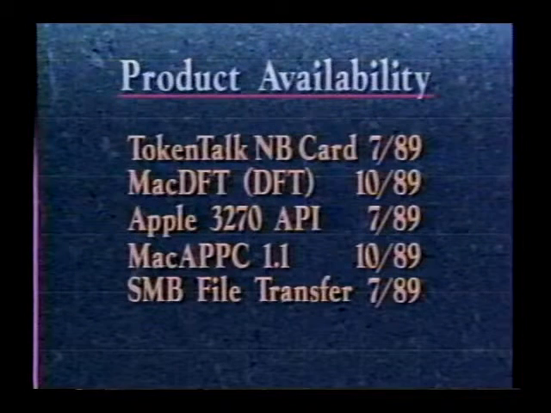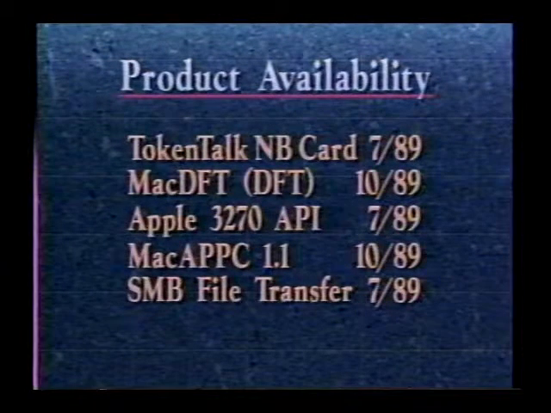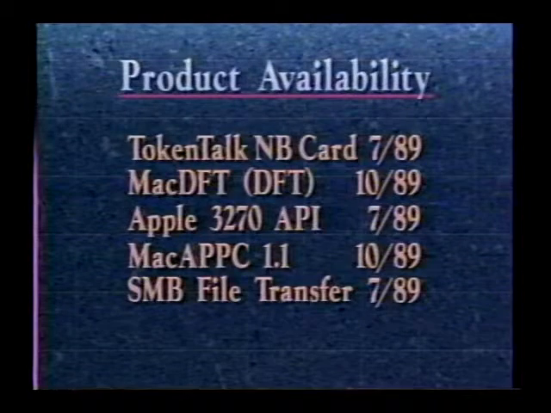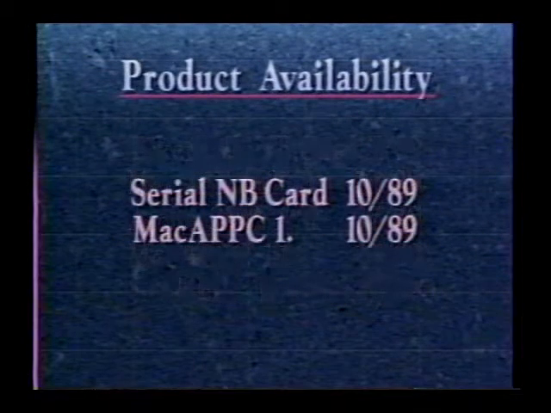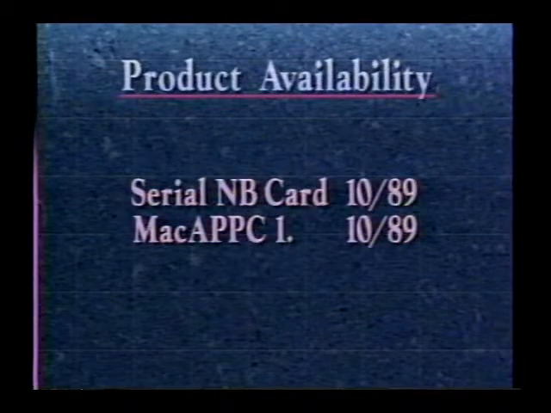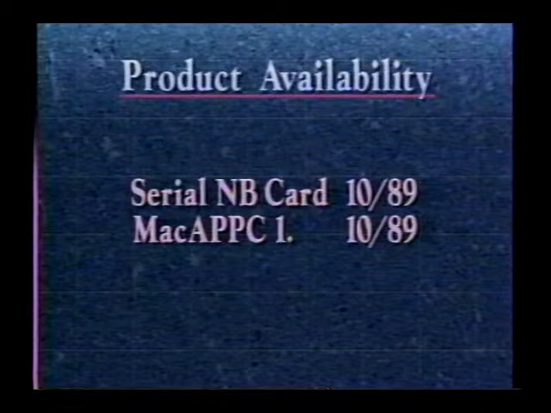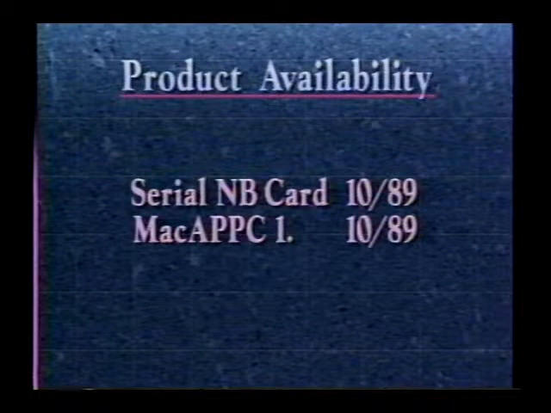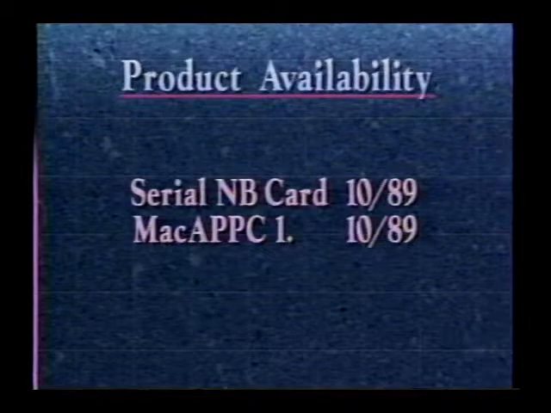And the SMB file transfer utility will ship with the TokenTalk NB card in the box. And finally, the serial NB card, which will run Mac APPC 1.1, will be available in the fall, in October. And you'll hear later about Max 25, which also supports the serial NB card.